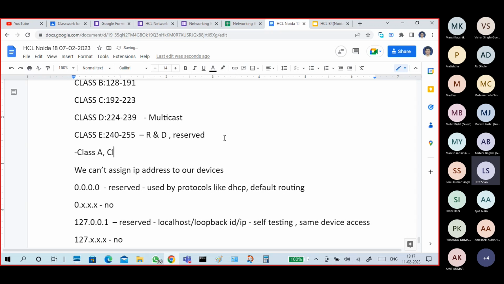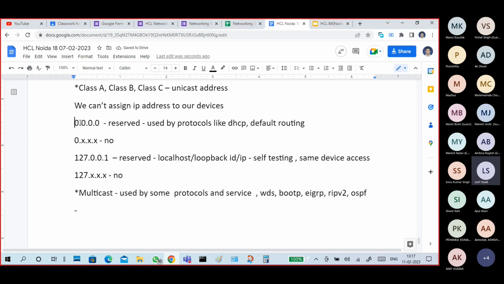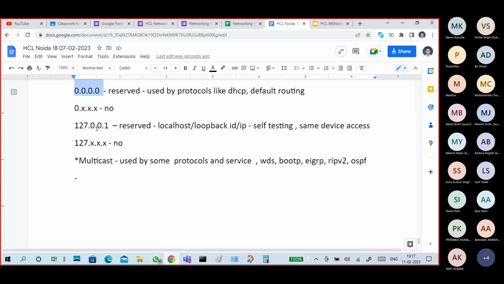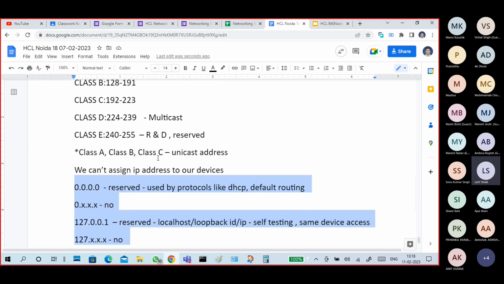Class A, Class B, Class C are unicast addresses. That's enough. Why? Because this is also in the same category, right? This is also in class A, but we cannot assign it.